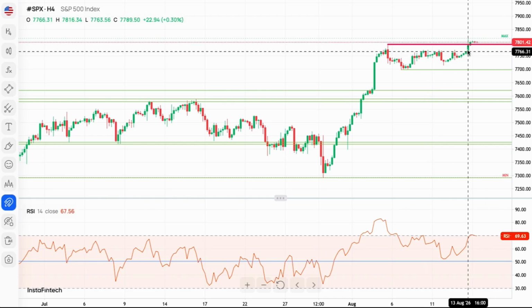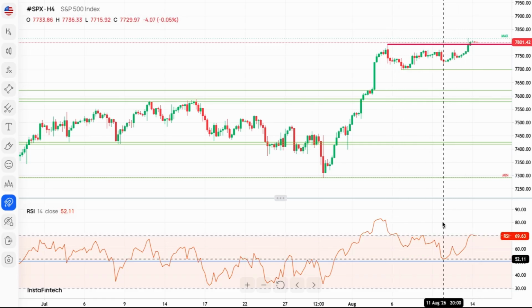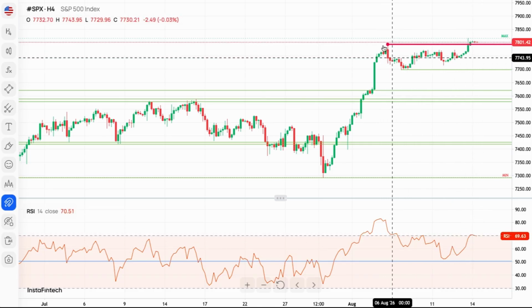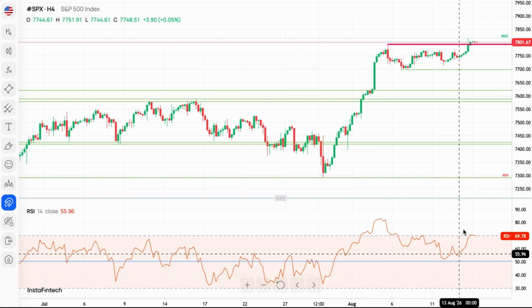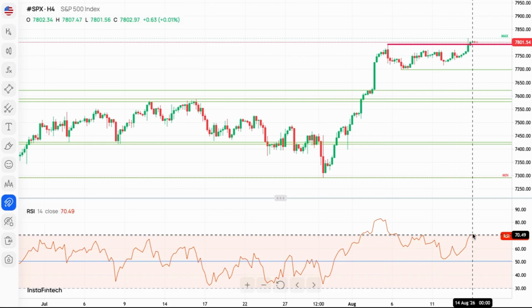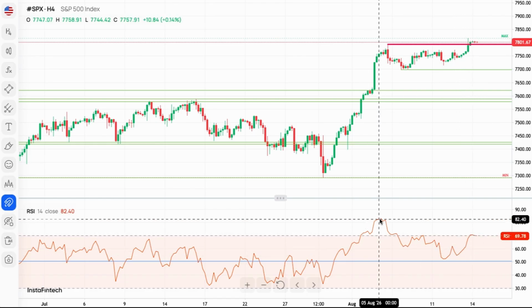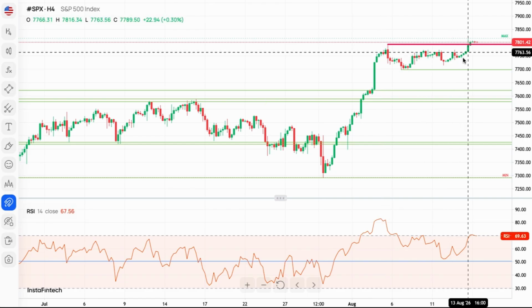SP500 breaks higher and makes new all-time high, 7,816, but there is a clear bearish divergence between what price is doing, new high, and what the momentum is doing. Obviously, we hit extremely overbought conditions, but this high is lower than the previous one, so we have the classical bearish divergence here.